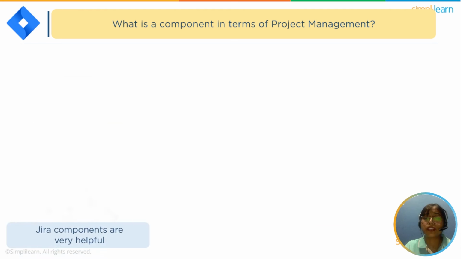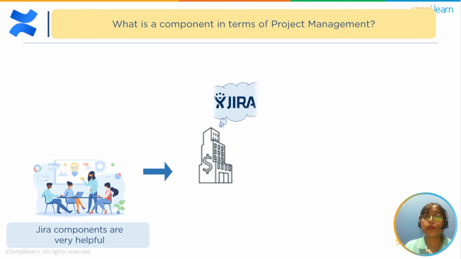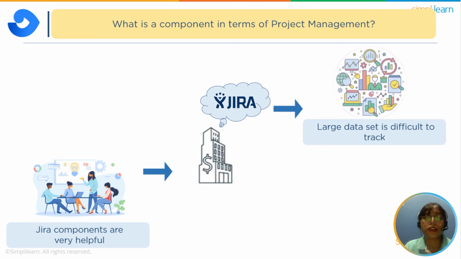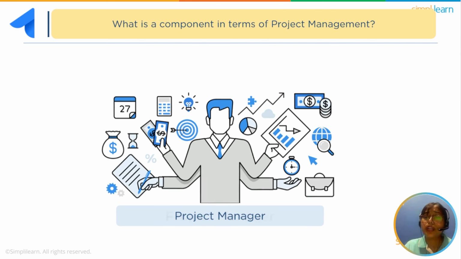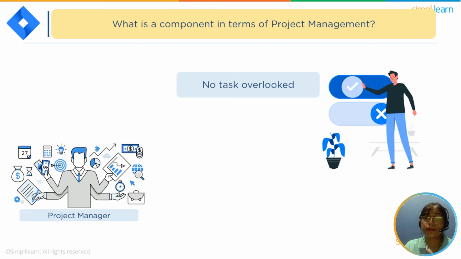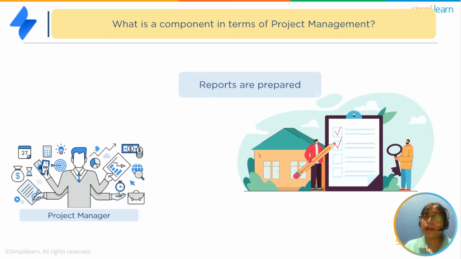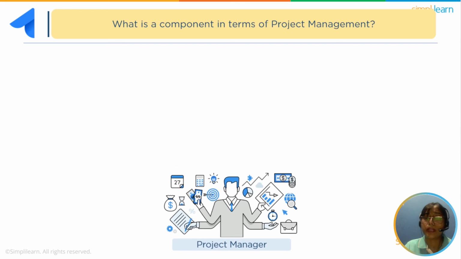As we know, Jira components are very helpful and most software project teams use these components. And also big companies might use Jira components more often to manage their data stream because larger data sets are more difficult to track. The project manager puts a lot of effort to ensure no task is overlooked and that reports are prepared for action, but as the team expands, the project becomes more complicated.